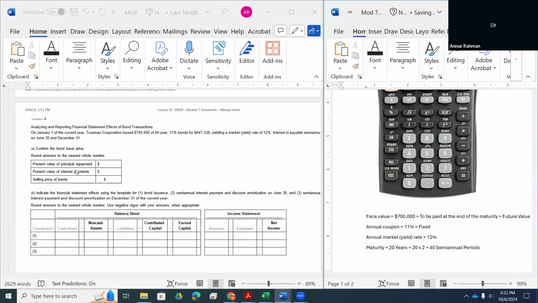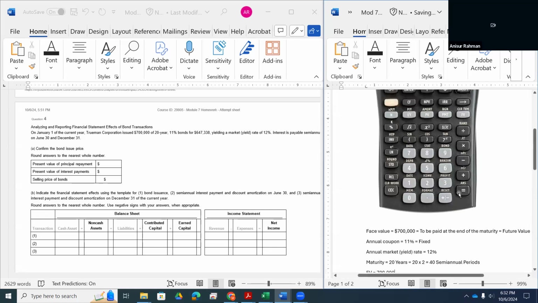We have to find out the present value of principal repayment. So for the principal, the future value we have to pay is equal to 700,000.